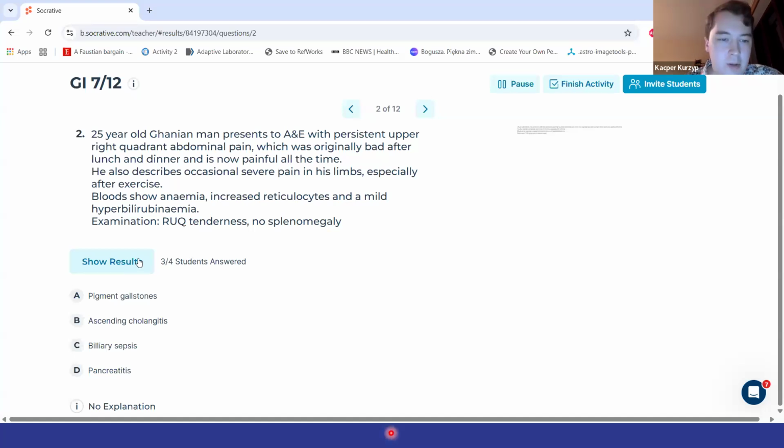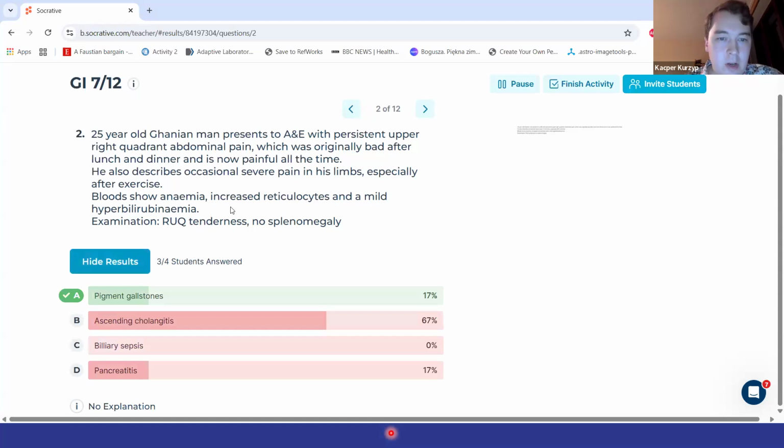All right, let's have a look. Okay, there is actually an interesting spread, and I see that most people went for ascending cholangitis. So let's walk through it. Now, what do we have? We have a 25-year-old Ghanaian man presenting to A&E with persistent upper right quadrant abdominal pain. And let's think ascending cholangitis first. We have our three criteria of ascending cholangitis.